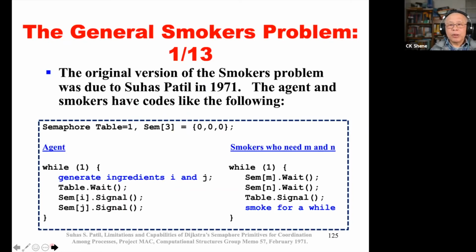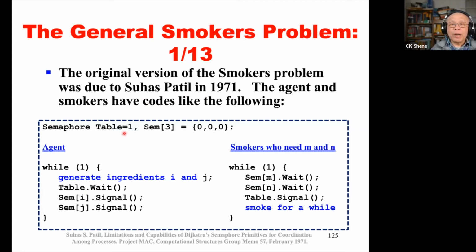Then we spend some time to talk about the general smoker's problem. As I mentioned earlier, the simplified smoker version was discussed in previous slides. And the original or the general smoker's problem was studied by Suhas Patil in 1971. The agent and smokers have code something like this.